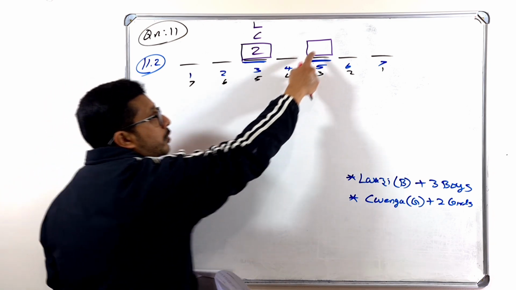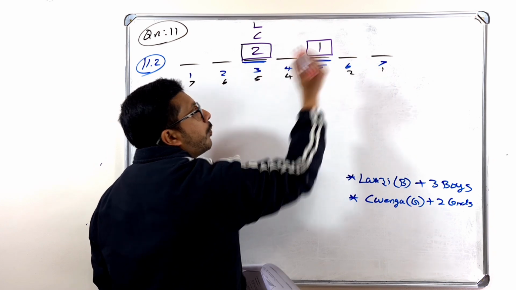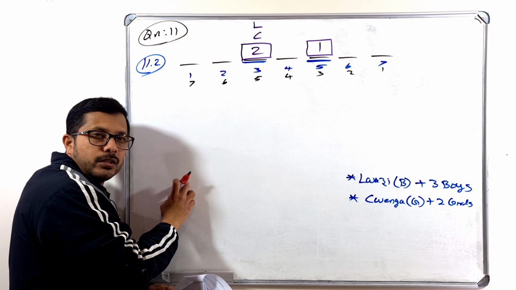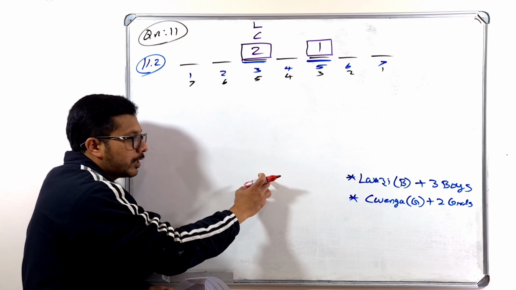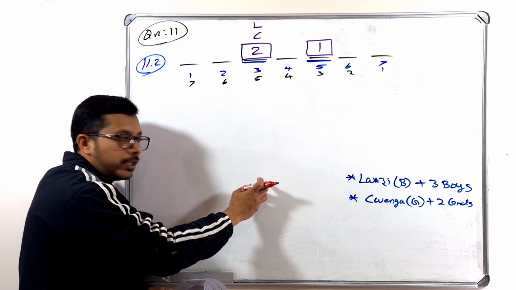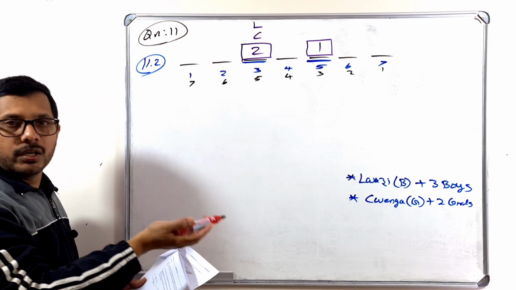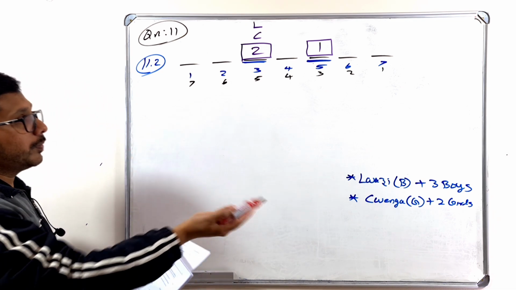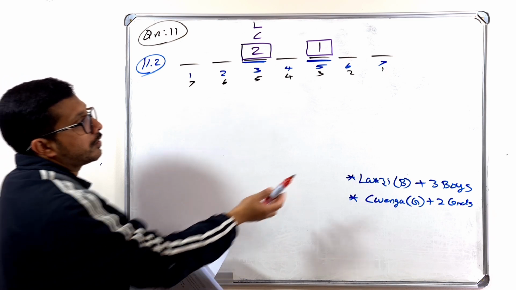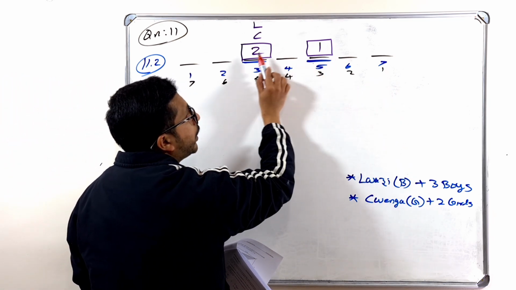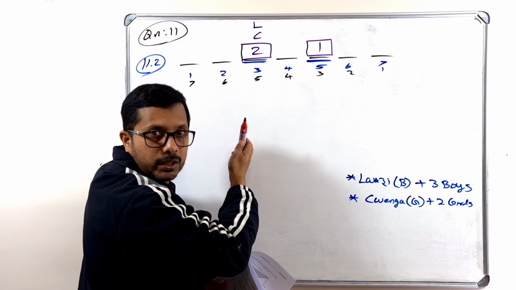So assume one person is seated there. For this position I have only one more option, because if Lassie sits there, then only Swenga can sit on the other, since they want the third and fifth seats. From the other side it is the same: here two will come and here one will come.